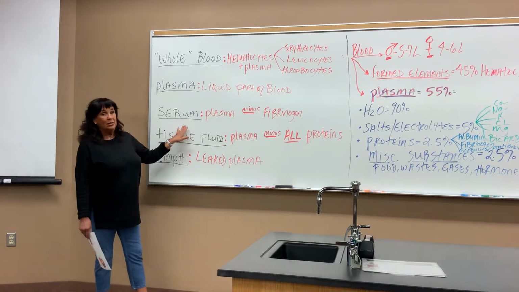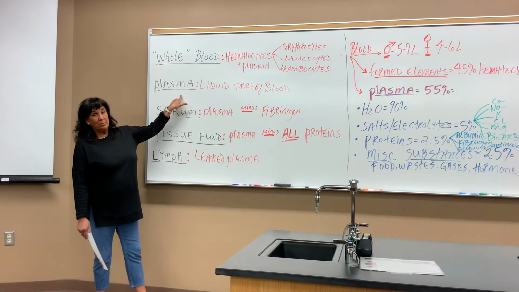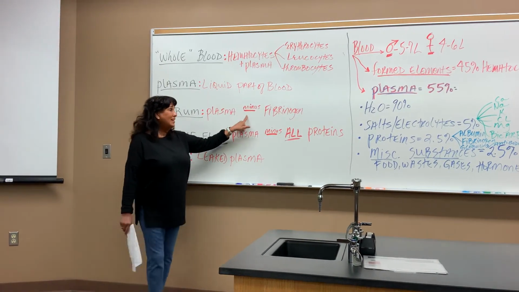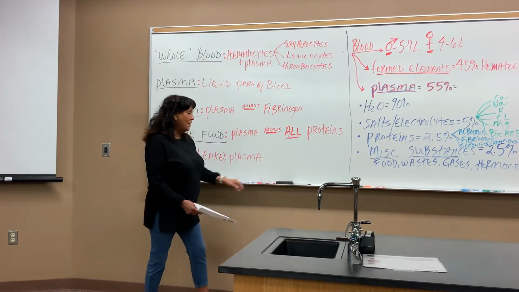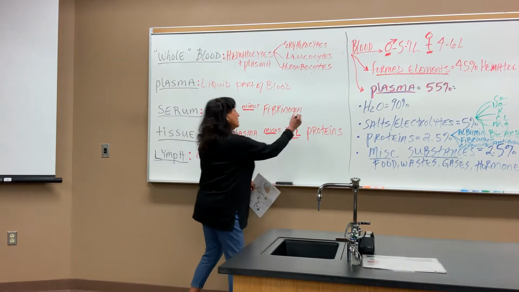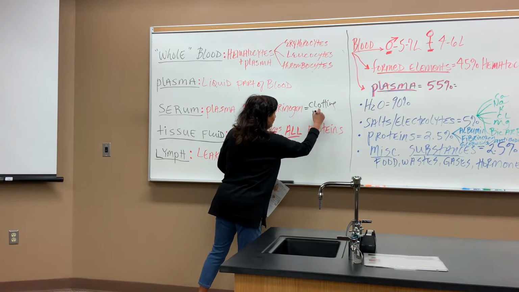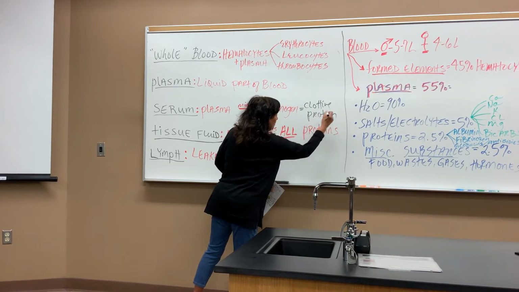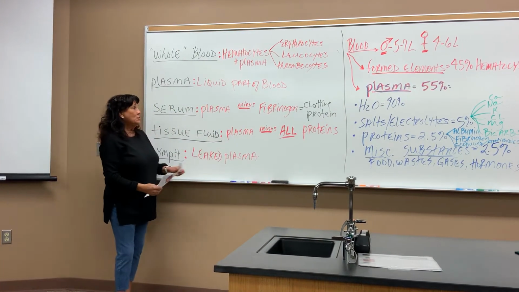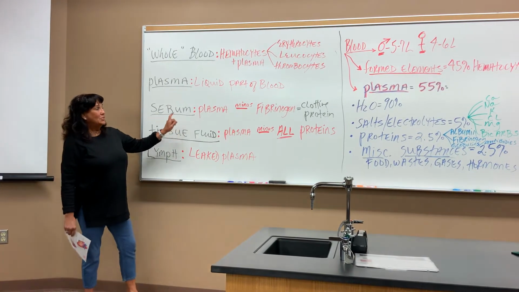Then serum. Serum is made from donating plasma. Serum is plasma minus fibrinogen, and fibrinogen is the clotting protein. If you donate plasma, they treat it and make it serum.